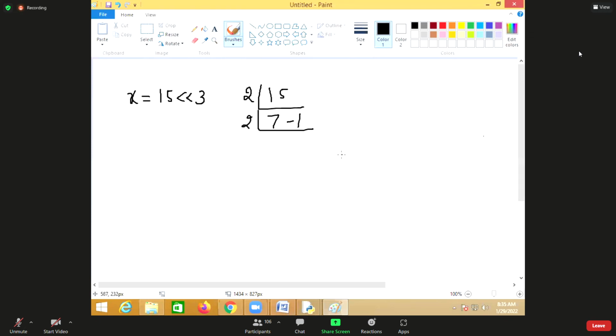Two to the power of 3 I said, not minus 3. I didn't say minus 3, right? Think here. Number of bits to be shifted should be positive or negative?